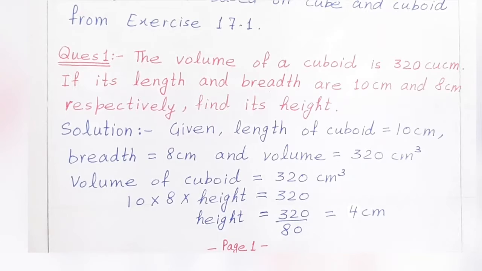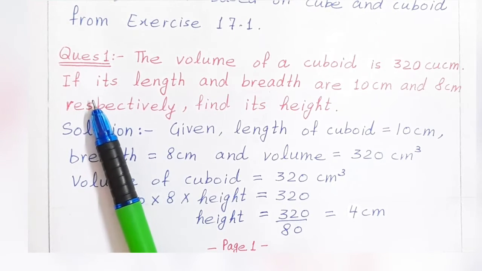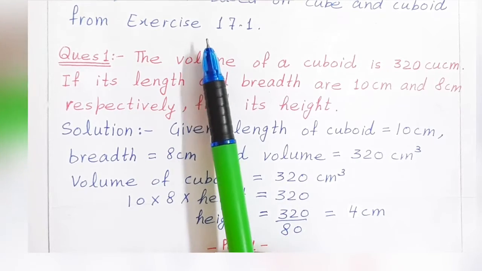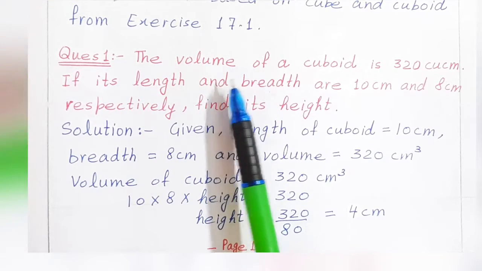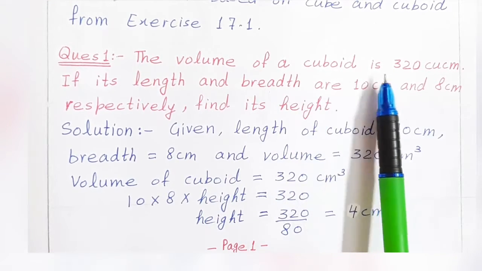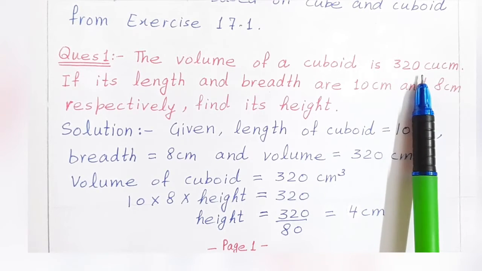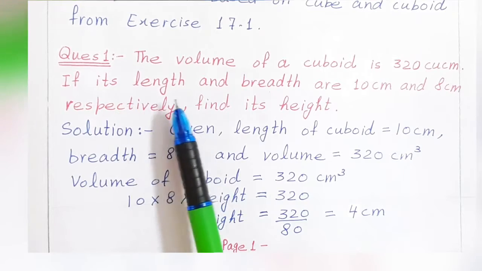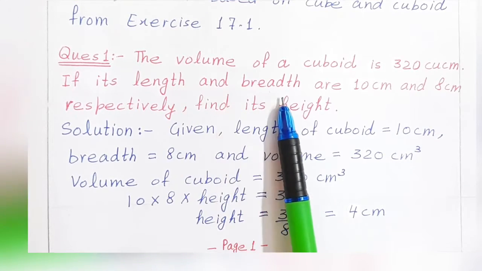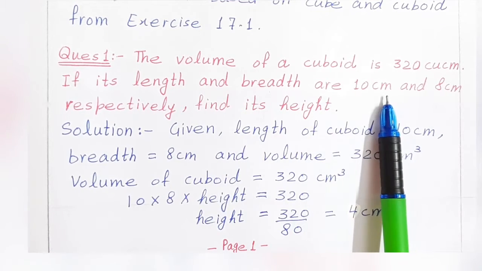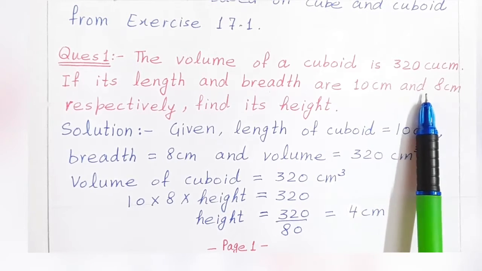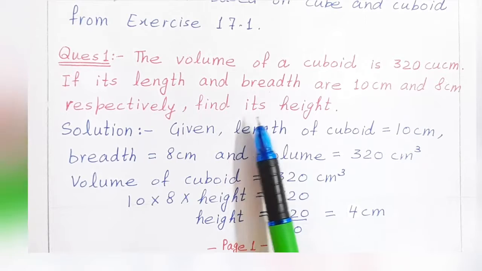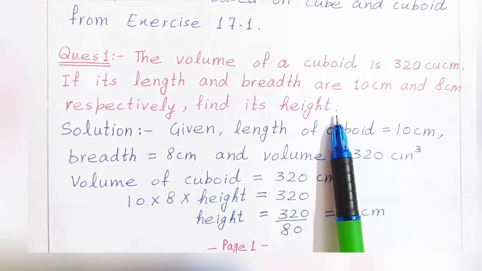17.1. Now see, question number 1 from exercise 17.1: the volume of a cuboid is 320 centimeter cube. If its length and breadth are 10 centimeter and 8 centimeter respectively, find its height.